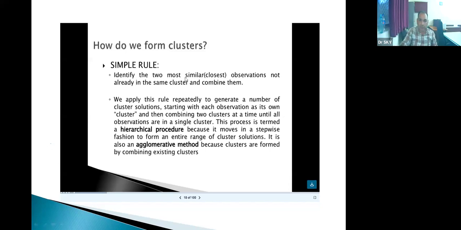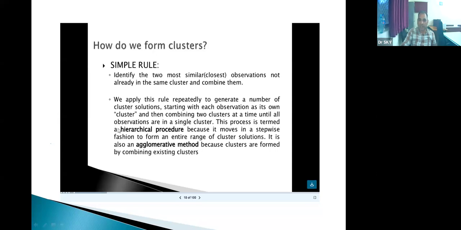So identify the two most similar or closest observations not already in the same cluster and combine them. Then we apply this rule repeatedly to generate a number of cluster solutions, starting with each observation as its own single-observation cluster, and then combine two clusters at a time until all observations are in a single cluster.